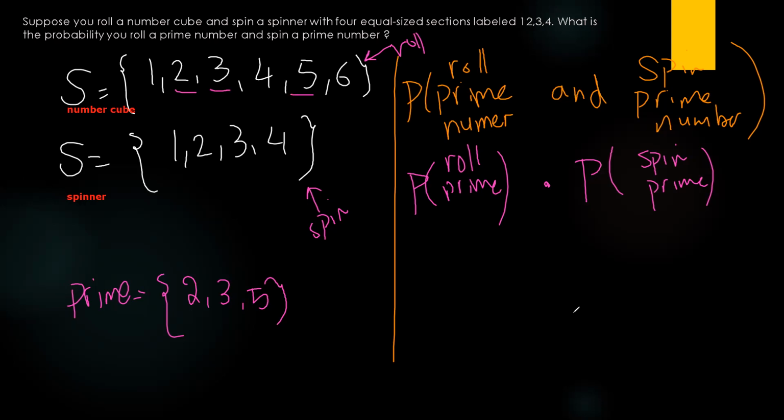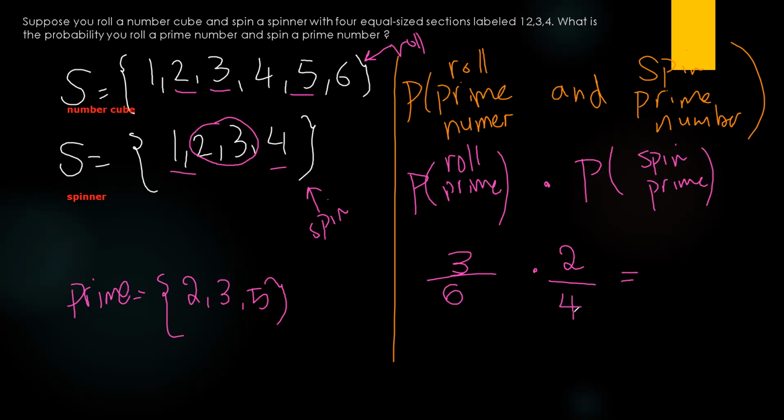So what is the probability if I roll a prime number on the number cube? You have 3/6, times the probability that I spin a prime number. Let's go to the spinner now. How many prime numbers do we have? We have 2 numbers only, over 4 outcomes only.